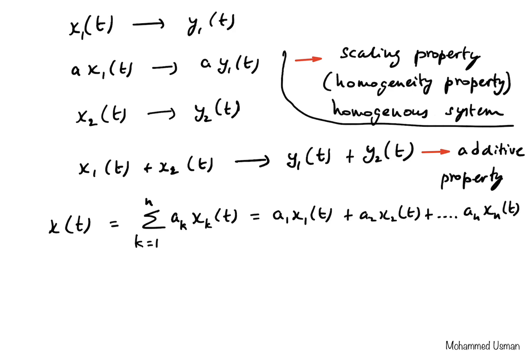This can be many more as well; I've just fixed it at the upper limit of n. We have n such input signals combined together to give us a new input x of t.